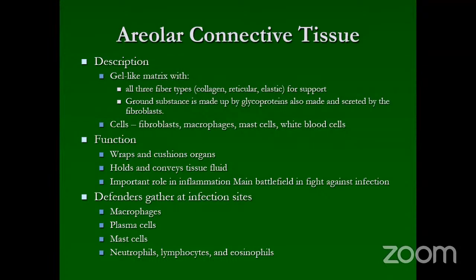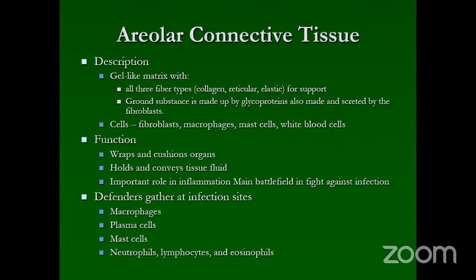So the main functions are, it will cushion the organs. It forms a border to all the organs and it will give a cushion-like protection. And it holds and conveys fluids, the body fluids or tissue fluids. And also it has an important role in inflammation, mainly protecting against infections.